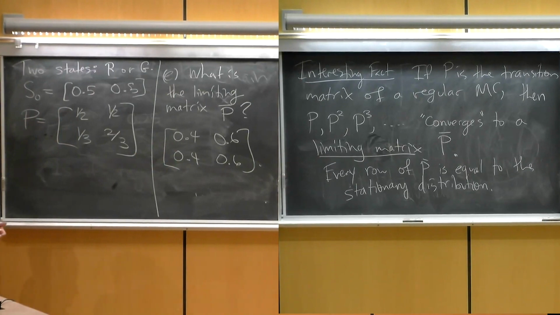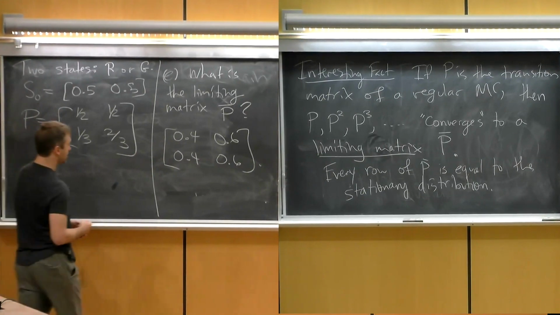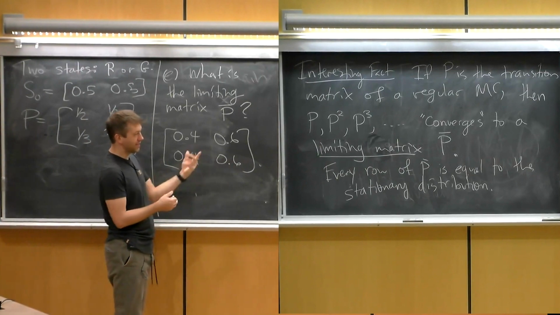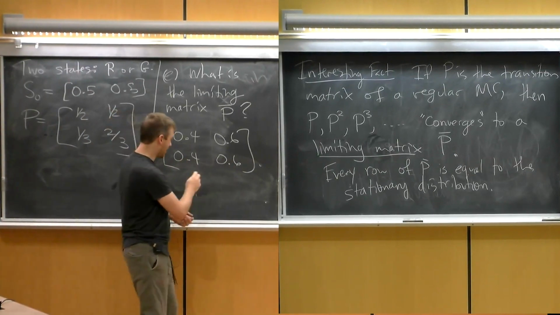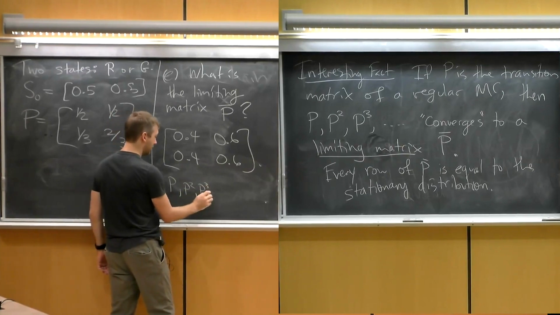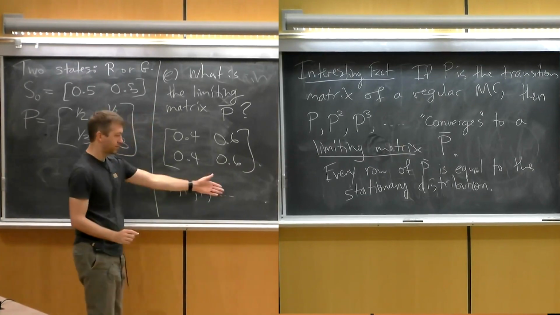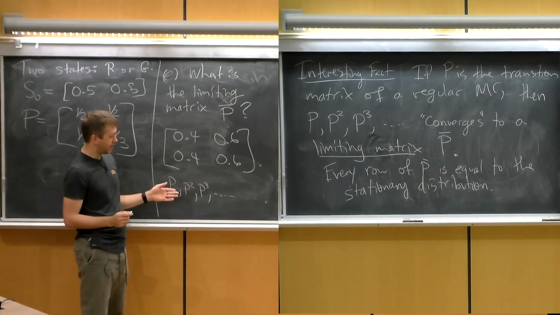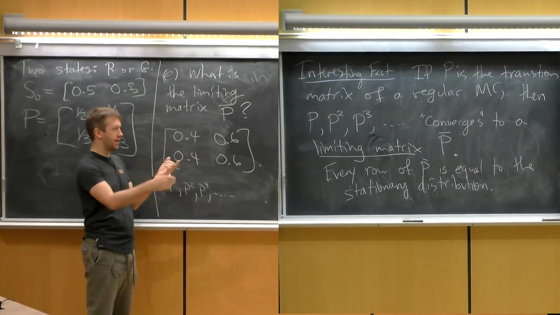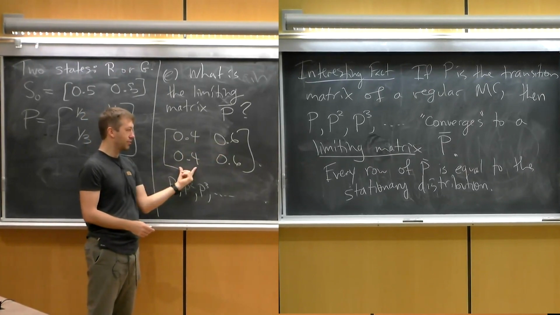Any questions about that? Yeah, so, because it's kind of asking a different question. It's trying to say, if I take P and then P squared, P cubed, dot, dot, dot, forever, then this will eventually get to a matrix where, if you do this 1,000 times, the values here are going to be really close to these values.